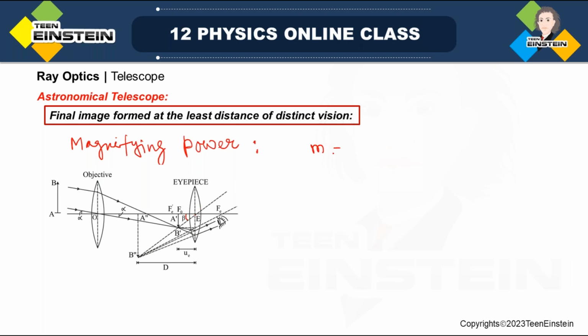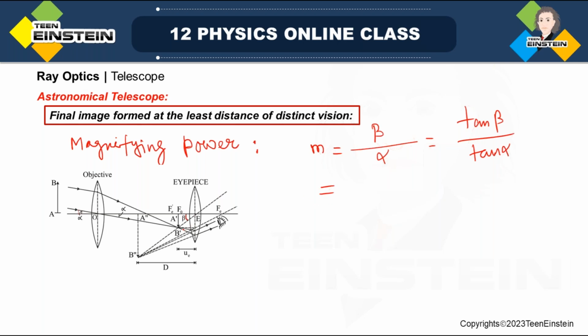So M is defined as the angle subtended by the image at the eye, beta, divided by the angle made by the distant object at the eye when we see through naked eye. That is alpha. Over here you can see that this one is alpha, this one is also alpha. Since these angles are small, we can write this as tan beta divided by tan alpha.